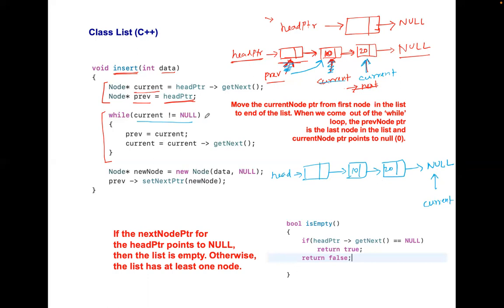Then what will previous be? Previous will point to this node, which is actually our last node. So for this insert operation, all we need is this node, because we are going to insert the new node at the end of this node.